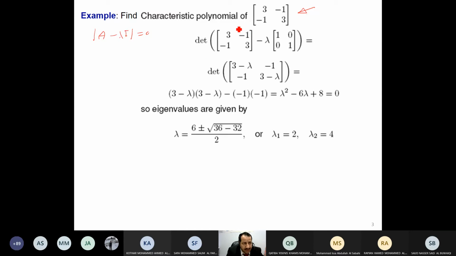So I substituted A, and this is lambda, and this is I. When I multiply lambda, it will be lambda and lambda here. So when I subtract, we get 3 minus lambda, minus 1 minus 0, minus 1 minus 0, 3 minus lambda.